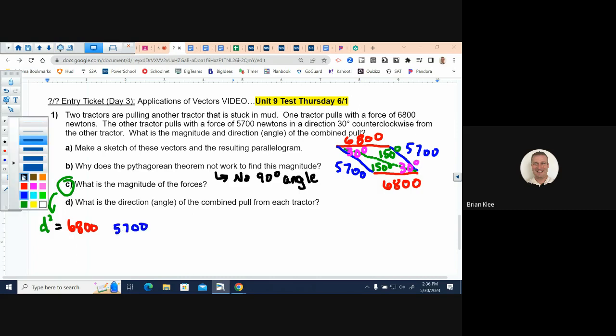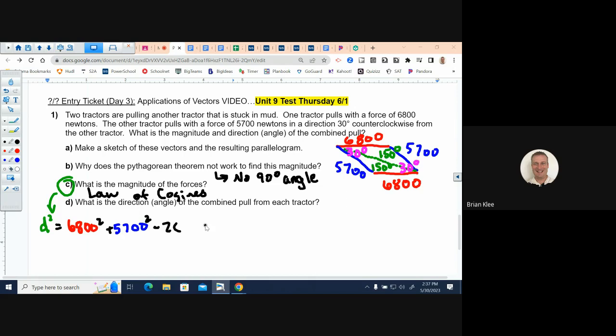So the start of law of cosines is this squared plus this squared, the two sides that are adjacent to that 150-degree angle, minus those two sides again, and then the cosine of the angle where those adjacent sides come together.